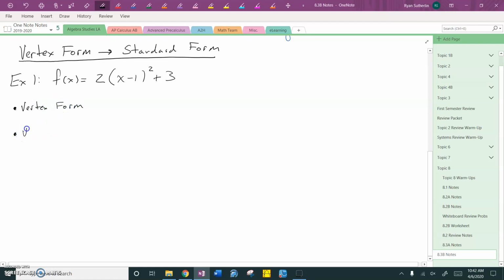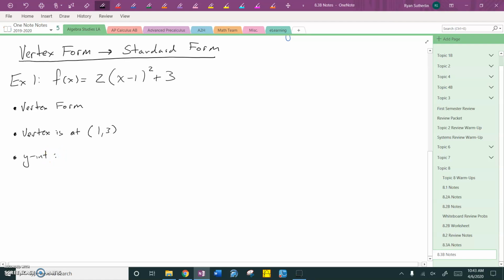We have that the vertex is at the point (1, 3). Remember, we do the opposite of what's in parentheses, so x minus 1 becomes 1, and then the y value is 3. And then for the y-intercept, we have to do work for that.